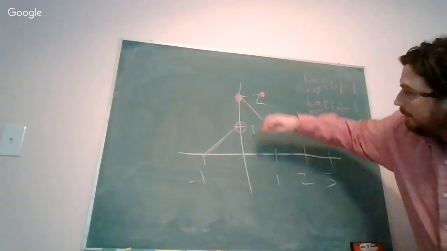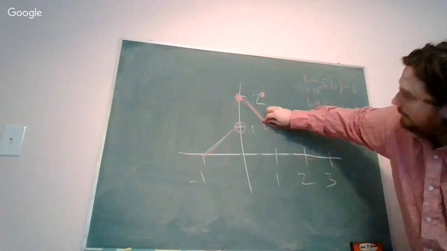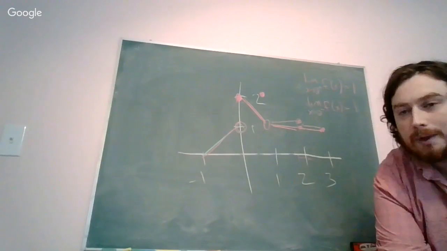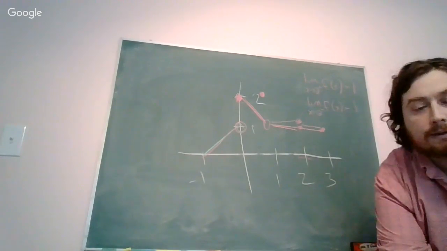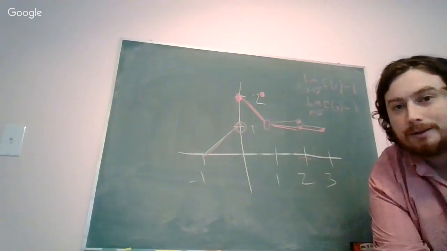If we come in from the left, my y values get closer and closer to 1 as well. Therefore, the limit from the left and the limit from the right are equal to 1, so the two-sided limit as x goes to 1 is equal to 1.